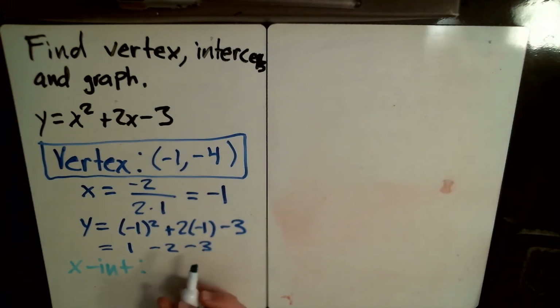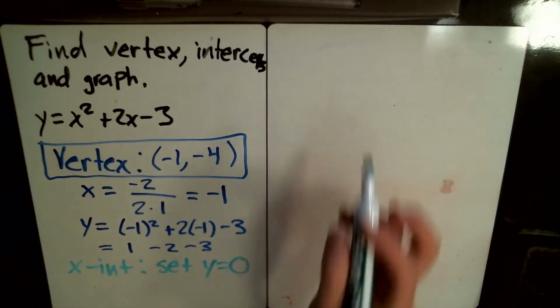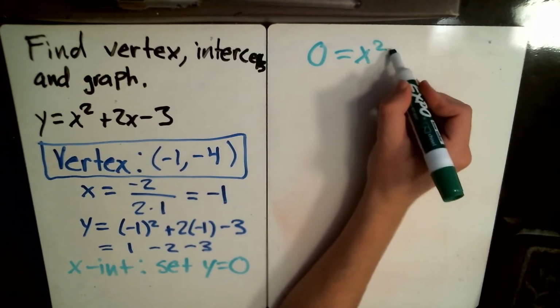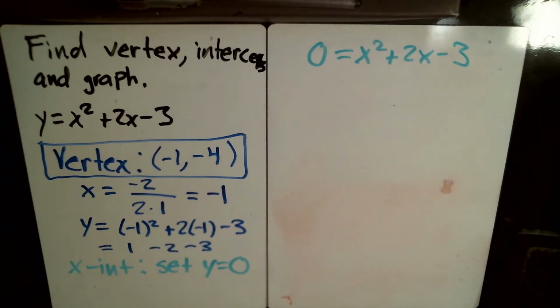So what you're going to do to get that is set y equal to 0. Okay? So what we're going to do in this equation is just set y equal to 0 and then solve for x. So we get 0 is x squared plus 2x minus 3. Okay? So that's going to be how we get our x-intercepts.